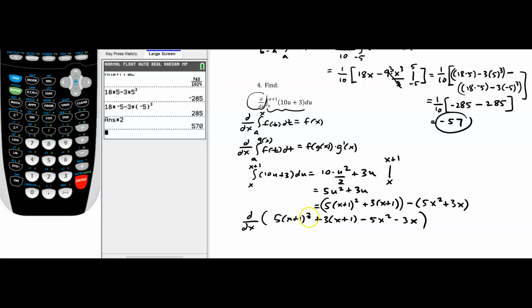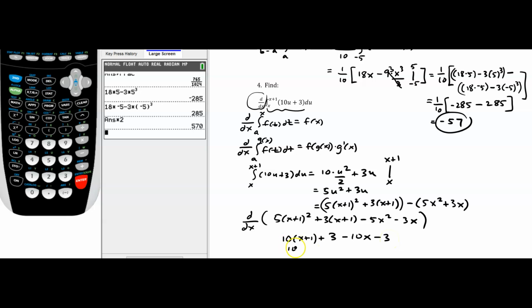Well, this is chain rule. This is where you would take the outer power, you'd multiply, so you'd end up with 10 times x plus 1 to the first, and then multiply by the derivative of the inside, but the derivative of the inside is 1. Here, you could distribute the 3 and see it's 3x plus 3, or when you do the derivative of this, it's just going to end up being 3. The derivative here will be minus 10x. The derivative here will be minus 3.